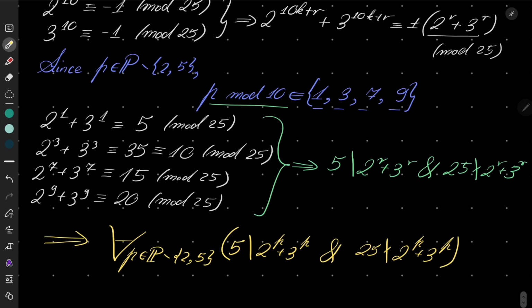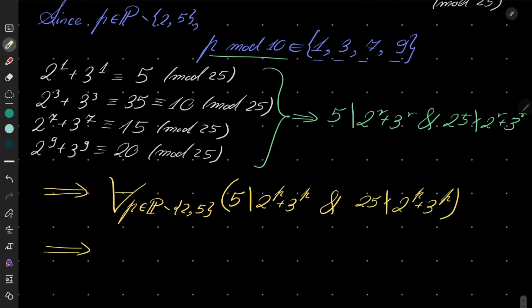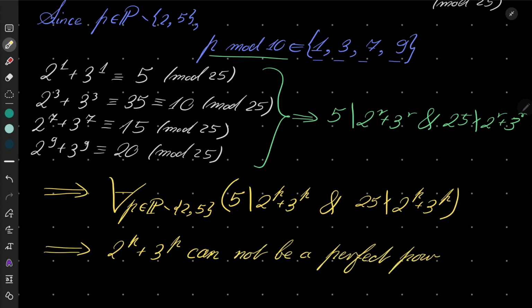That implies that 2 to the power of p plus 3 to the power of p cannot be a perfect power.